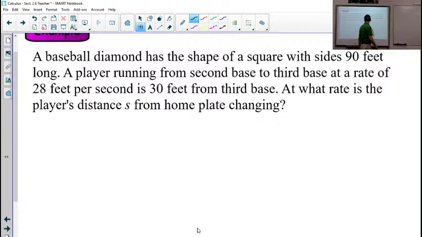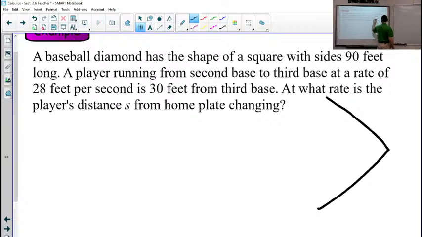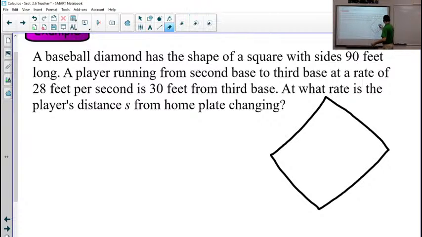All right. A baseball diamond has the shape of a square with sides of 90 feet long. All right, here we go. I don't like the way second base is all the way up here.